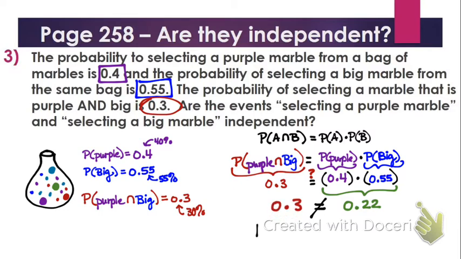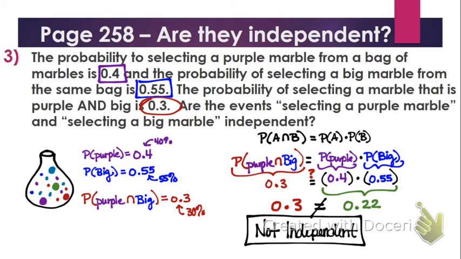Not independent. If they are not independent, does that mean there is or is not a relationship here? There is a relationship. Think about it. If you are independent, you don't have any other person that you need to check with. You are not in a relationship. If you are not independent, you've got to check with somebody else. You're in a relationship. You can't just make all these decisions without talking to the other person. So if it is not independent, there is a relationship.